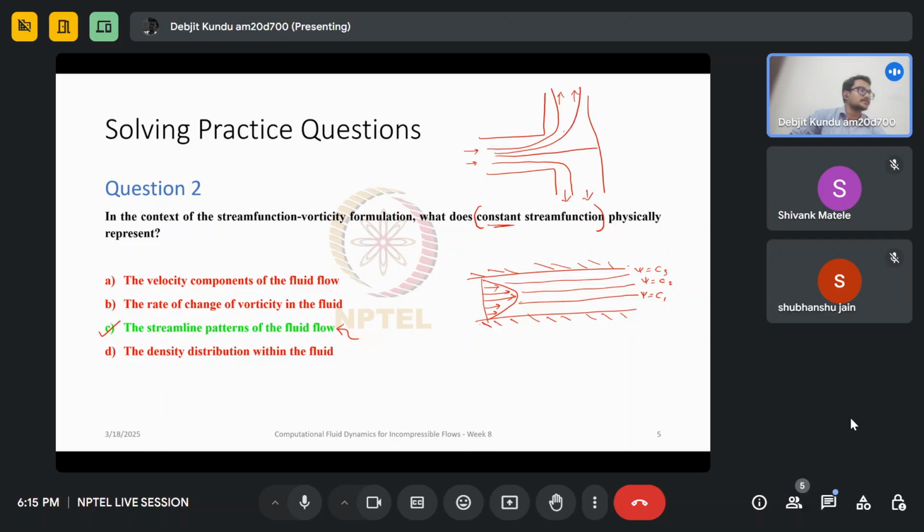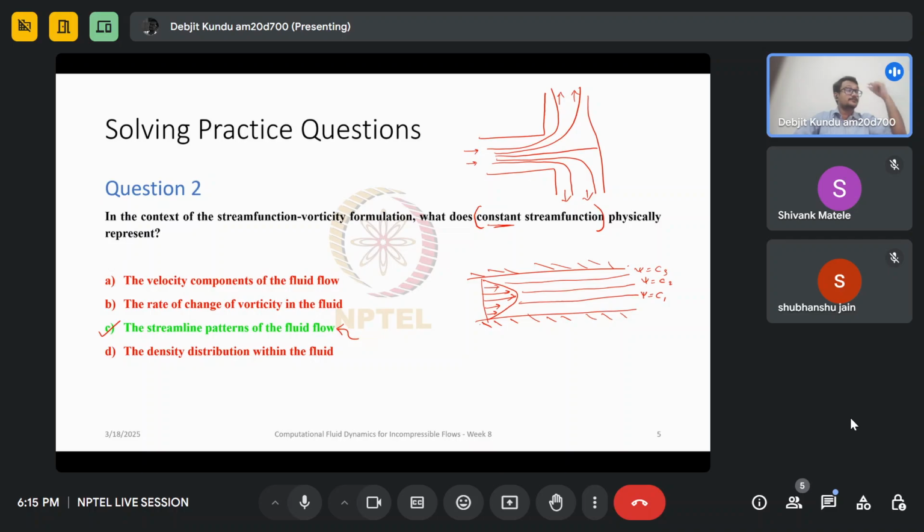Once again, these lines are of constant stream function, and this gives you an idea of the flow pattern. And yes, they are related to the velocity, and to the vorticity as well, because they're connected. Density distribution doesn't really matter here because we are only dealing with incompressible flows.